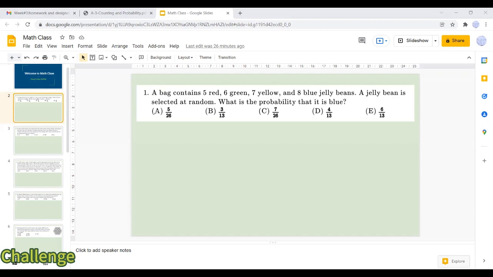Add all the numbers up and get the amount of the preferred probability. Then you place the preferred probability in a fraction over the total probabilities.